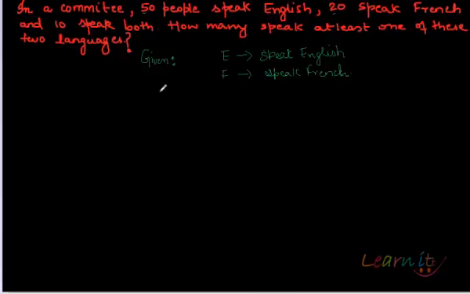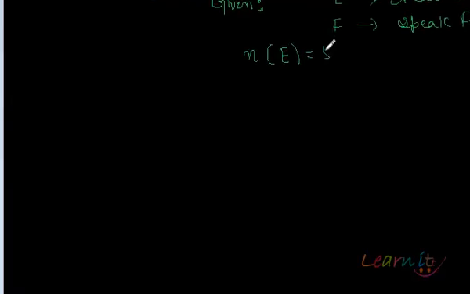Okay, so what is given to us? We are given that the number of people who speak English is 50, the number of people who speak French is 20, and the number of people who can speak both, that is the intersection, is 10.